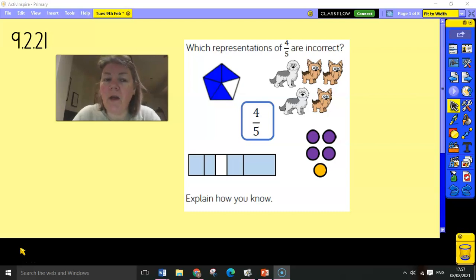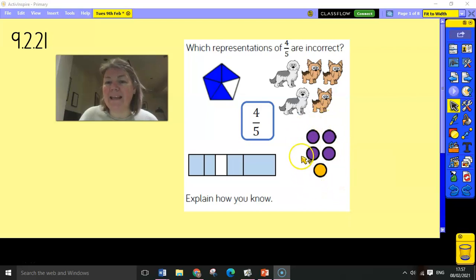How did you get on? Well, let's have a quick look. I can see my fraction here is 4/5, so that definitely shows me 4/5. If I look at this image here, where I've got 4 purple circles and 1 yellow one, we can see that the whole is 5 and 4 parts of this whole are shaded purple.